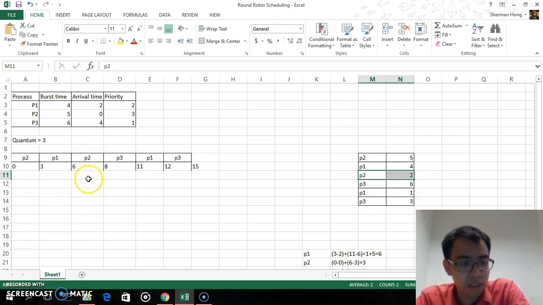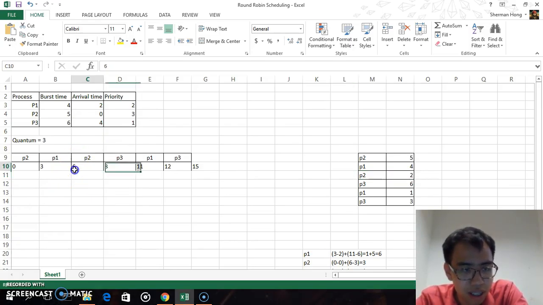Once you get 2, you already know how many times you need to go to the next line. You see the starting point is 6, so 6 plus 2 becomes 8. And then you insert the process P2 here.